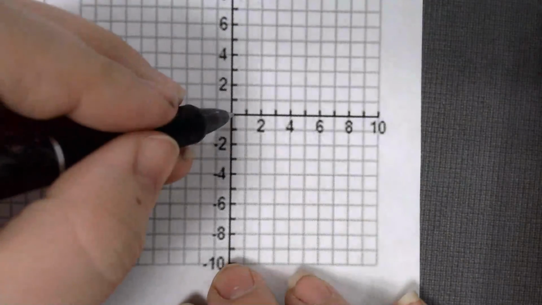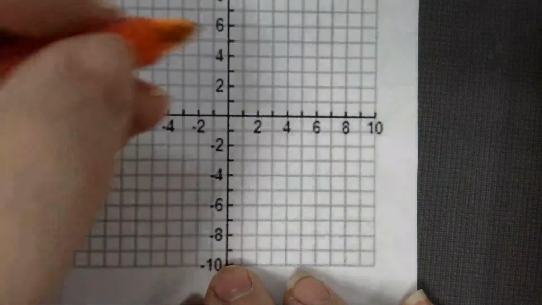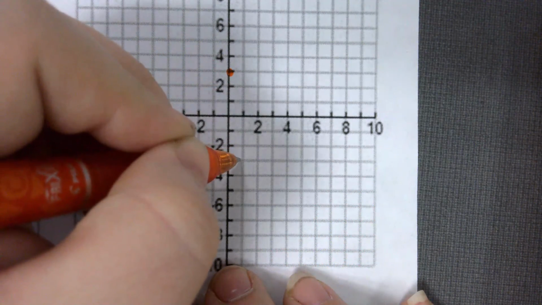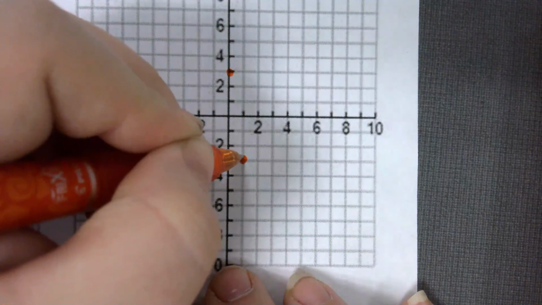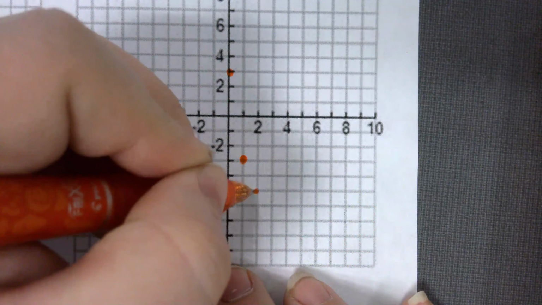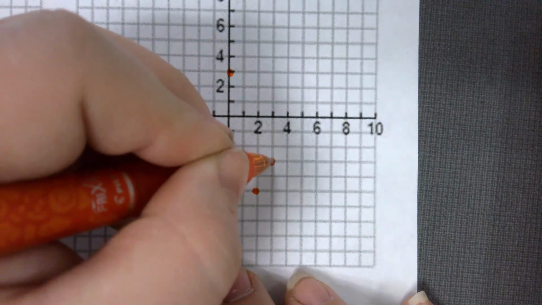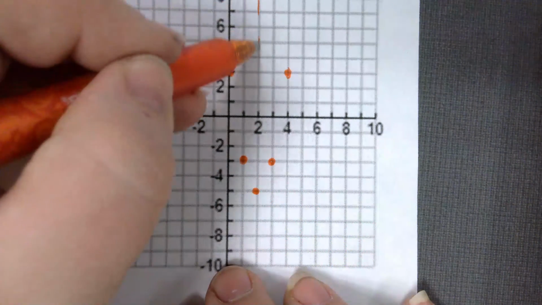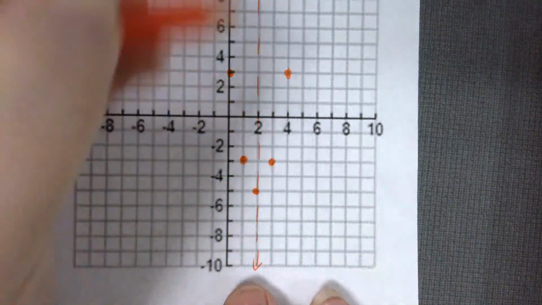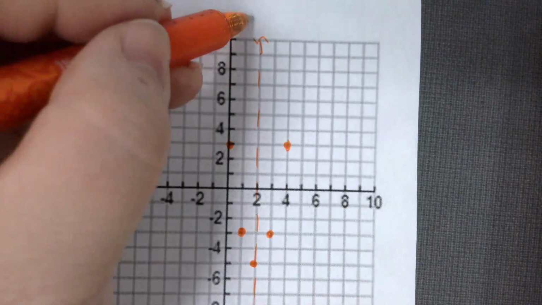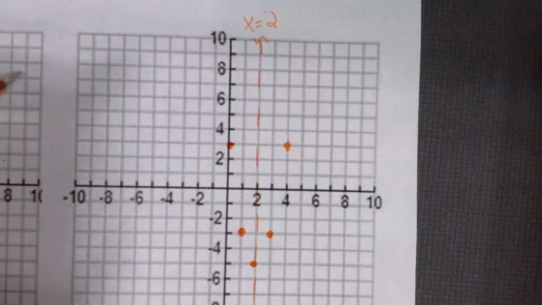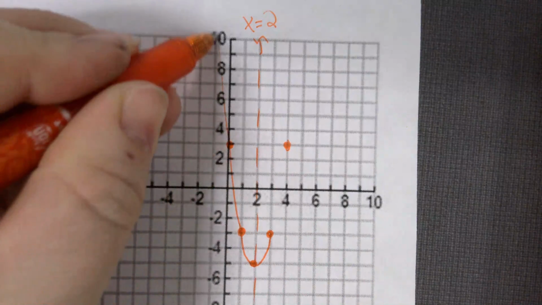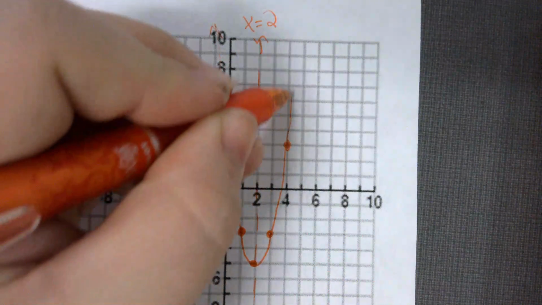So we have 0, 3, 1, -3, 2, -5, 3, -3, and 4, 3. Axis of symmetry coming straight down the middle, dashed line, and it's at x equals 2, just like we calculated above. We'll connect those dots to make a nice rounded parabola. There we go.